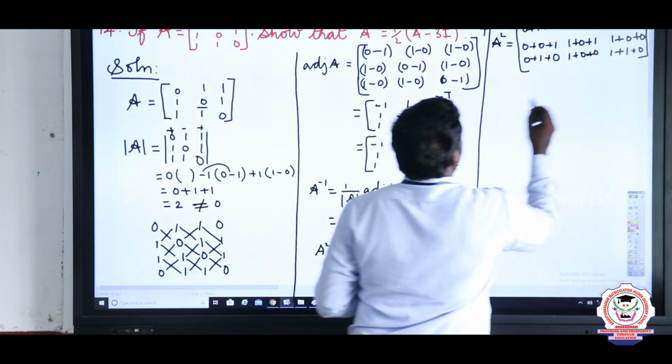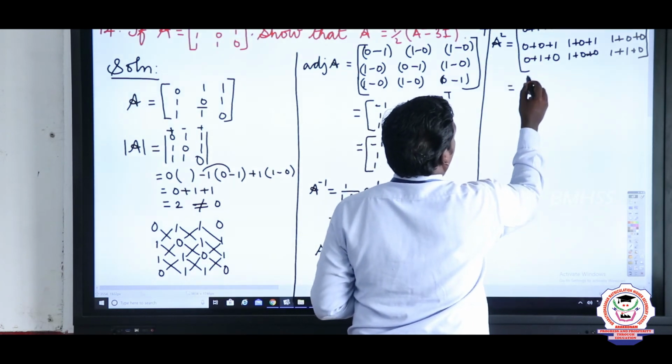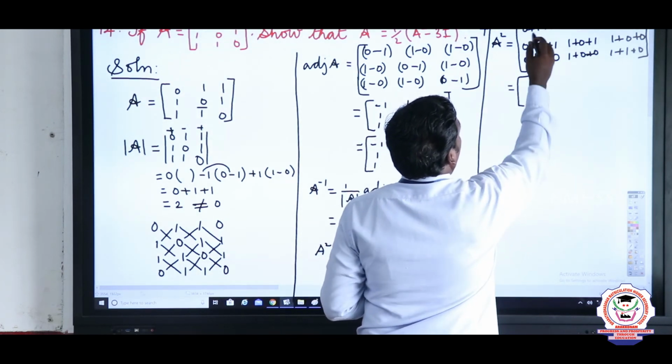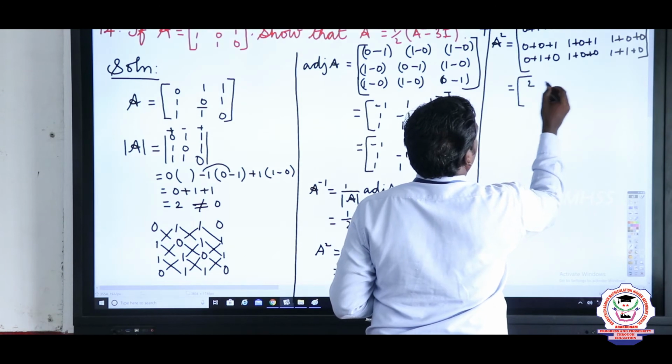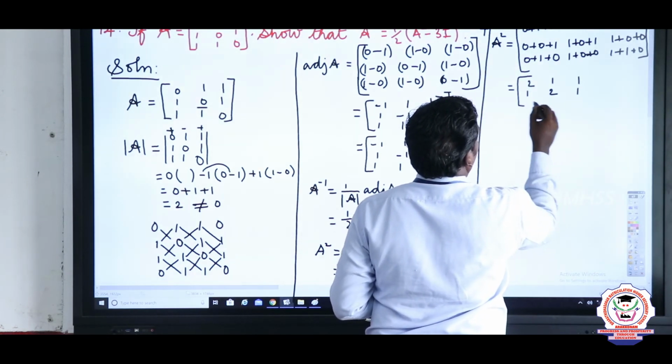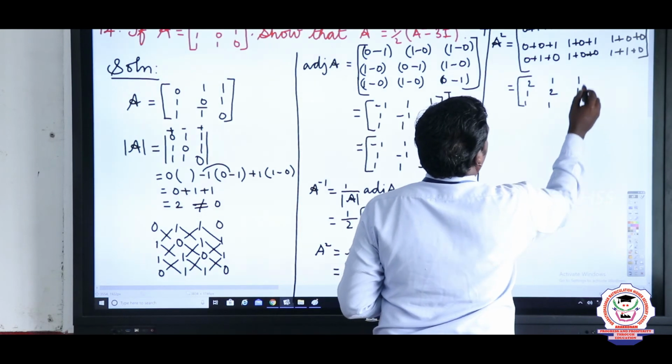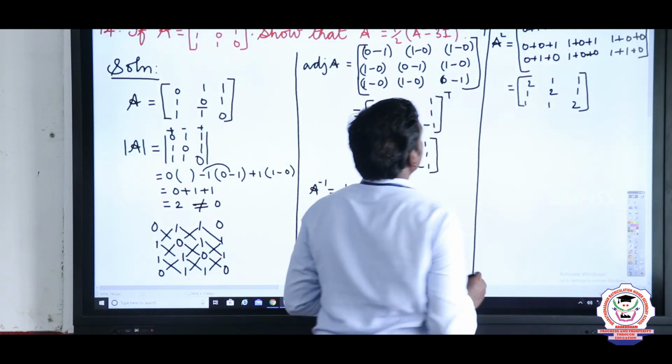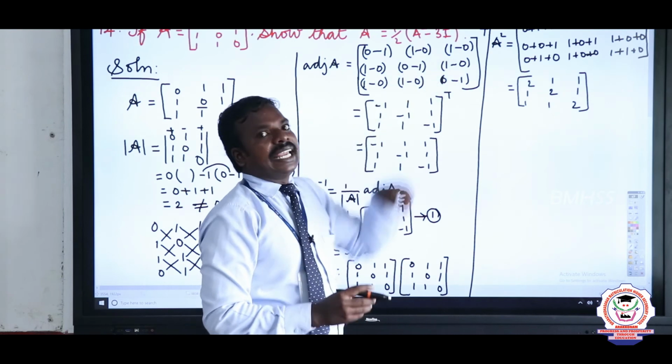Now listen, from this, now simplify this. A square is 2, 1, 1, 1, 2, 1, 1, 1, 2. This is A square, and A square minus 3i is there.